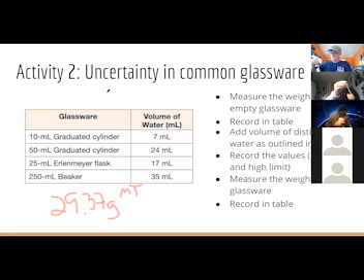Now remember, if you have any bubbles you want to tap those out. And if you have any drops of water on the side, you want to tap that as well. Because the water on the side is going to affect the mass, and the bubbles are going to affect the volume.